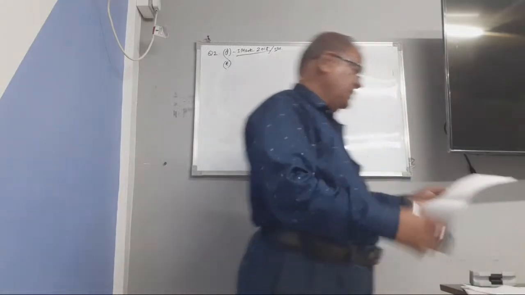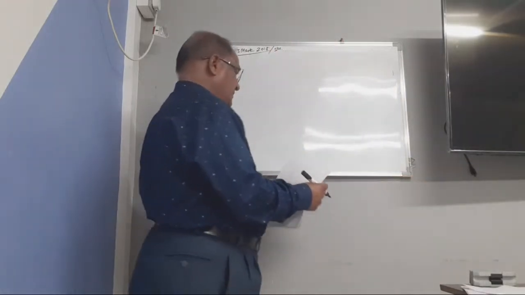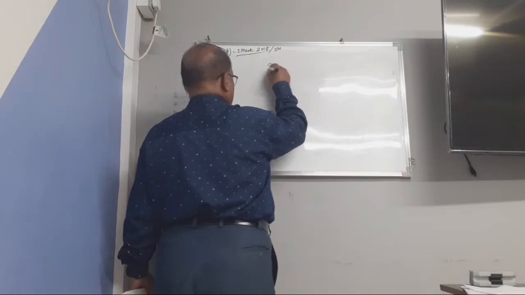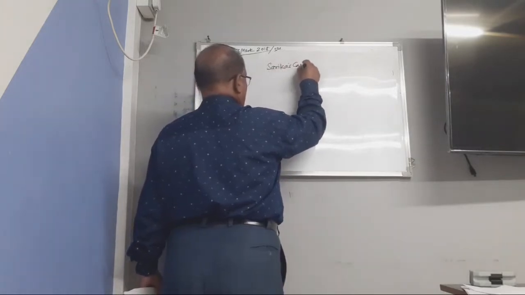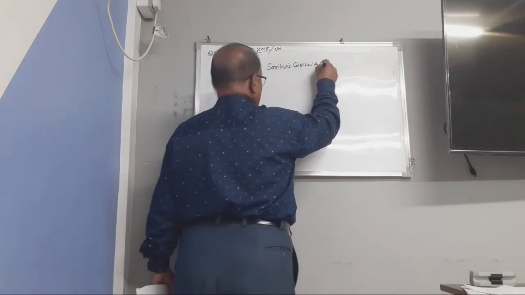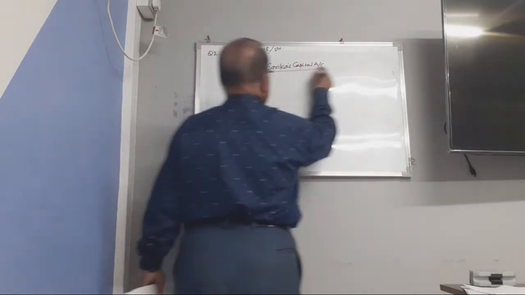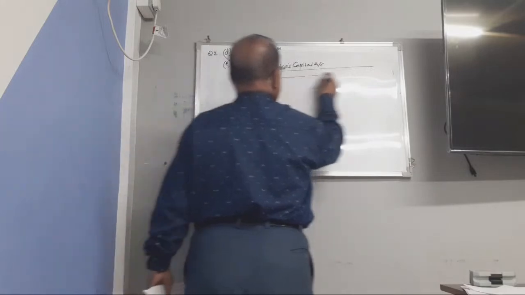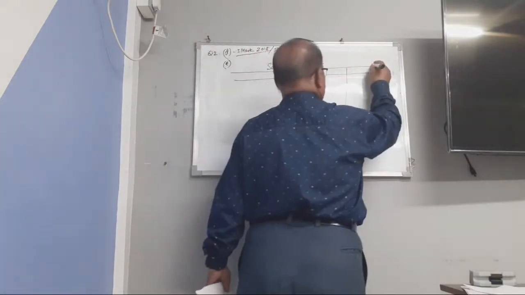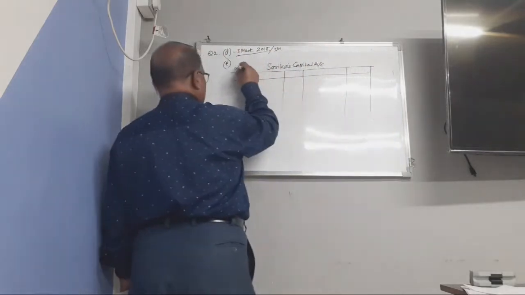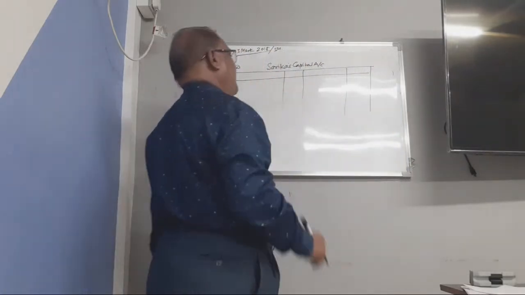Just see the preparation of Sarika's capital account. I write here Sarika's capital account. Always, by formality, we make the debit side and credit side. So make the debit side here, Sarika's capital account.